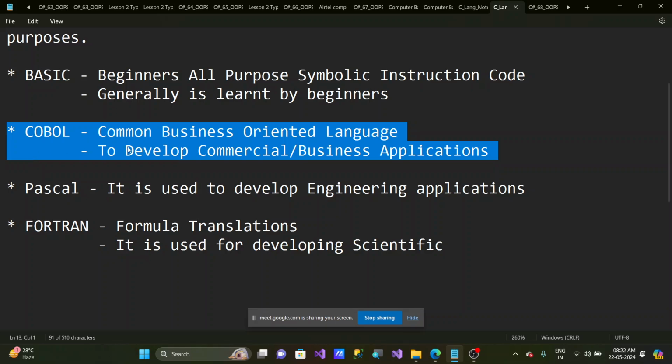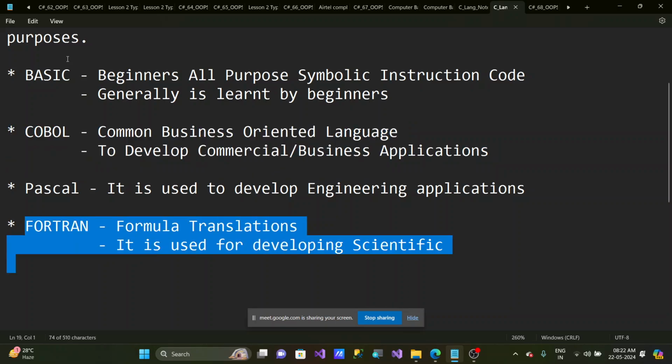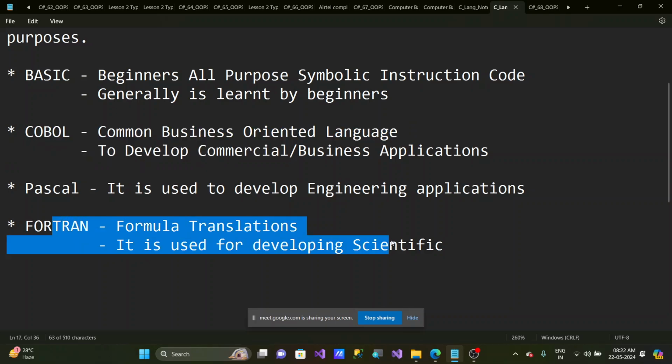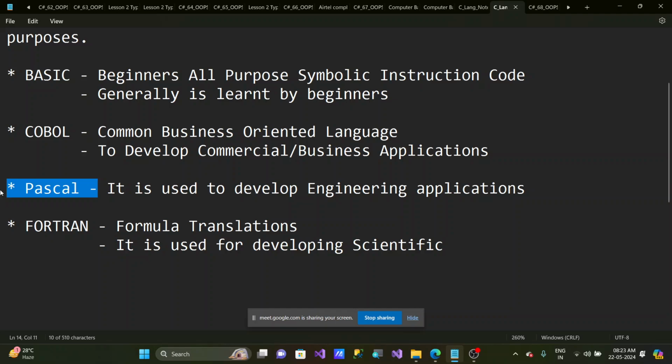Then the company got a project on scientific work, so he needs to learn Fortran. Again after a few months or years, they got a project in engineering applications, and then he or she needs to learn Pascal.